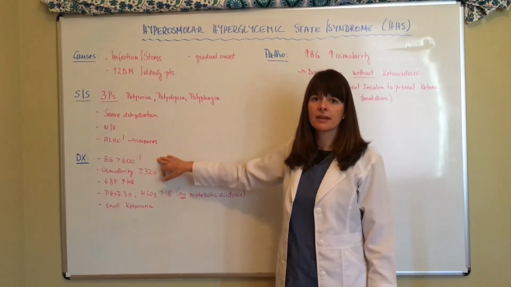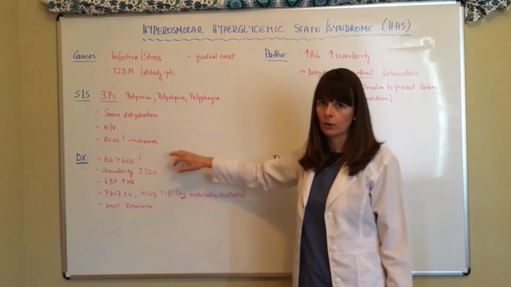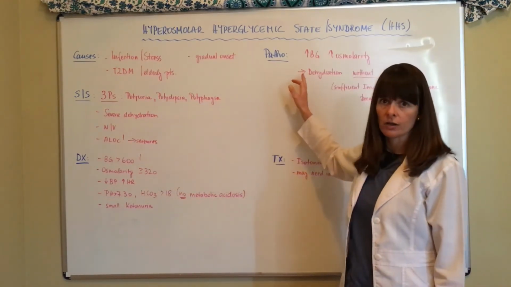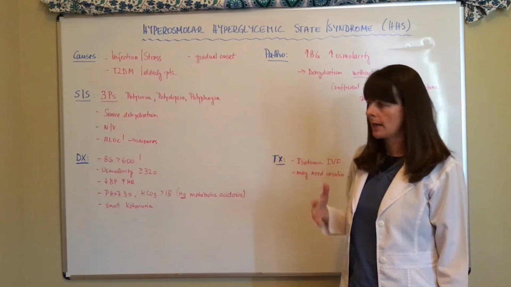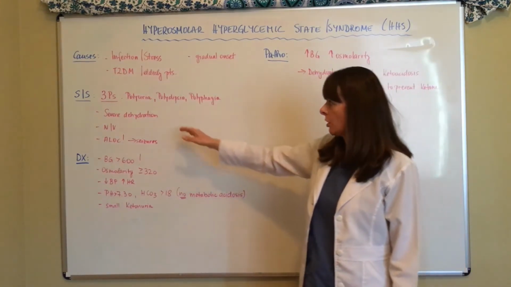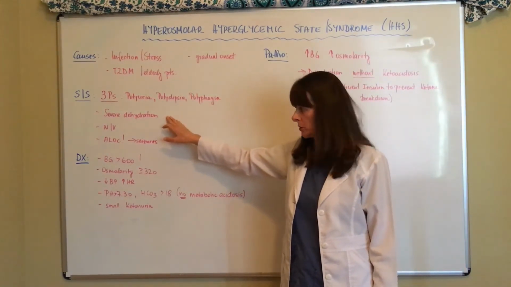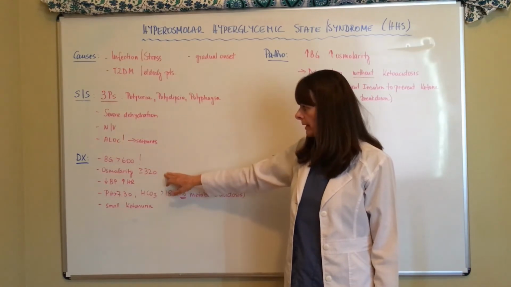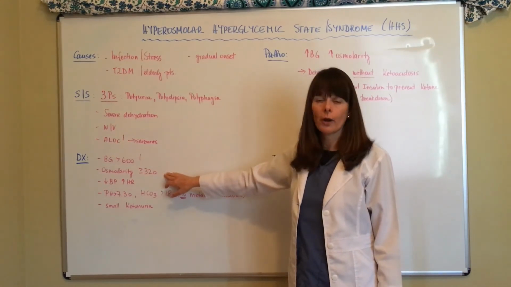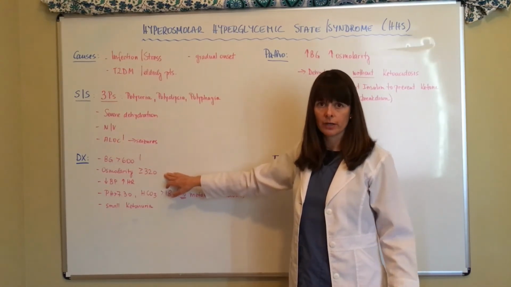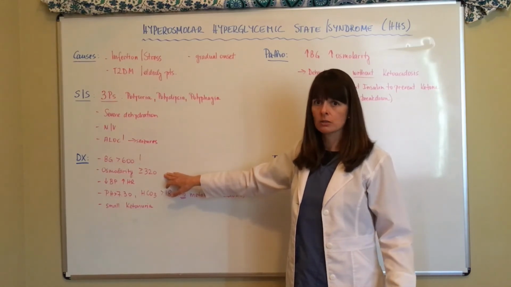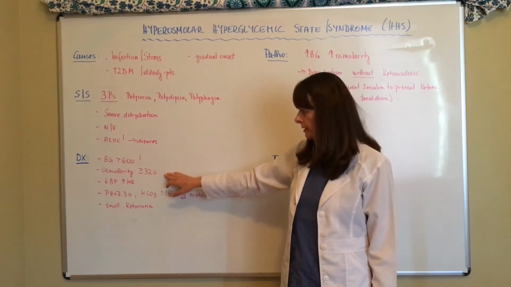Now, diagnostic tests usually include a blood glucose level of more than 600. That is a very, very high blood glucose level, causing this increase in osmolarity and the significant amount of dehydration that we'll see in these patients. Their osmolarity will be greater than 320, so again, very concentrated serum because the patient is so significantly dehydrated.